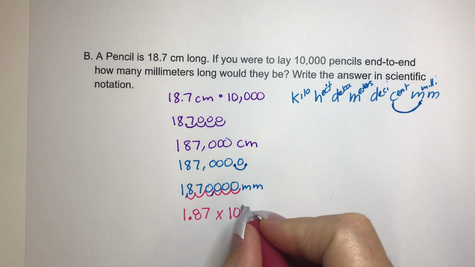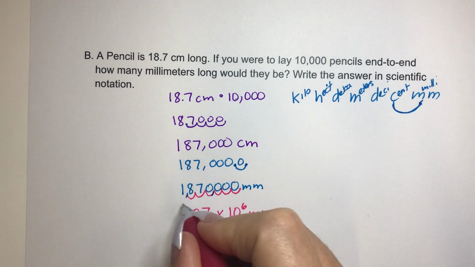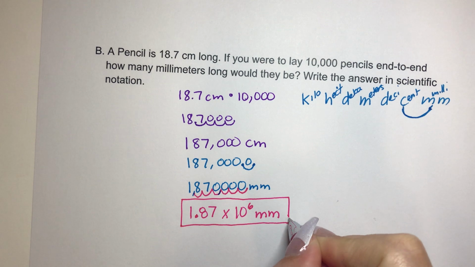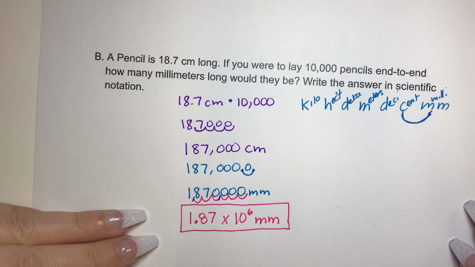It's a big number, so it's positive. Millimeters. If you got that right, great job. If not, just go ahead and fix your work so your work looks like mine. All right, I'll see you in a little bit for the next example.